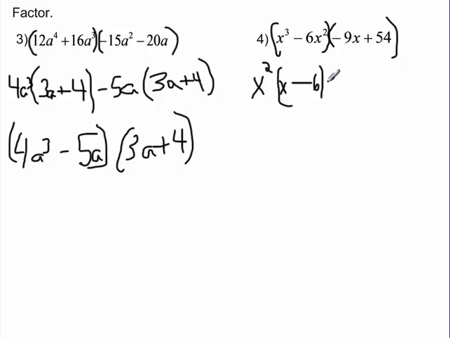Well, 9 comes out of 54, so the greatest common factor is negative 9. Which leaves me with an x minus 6. Okay, again, these end up to be the same, so I'm left with x squared minus 9x minus 6.